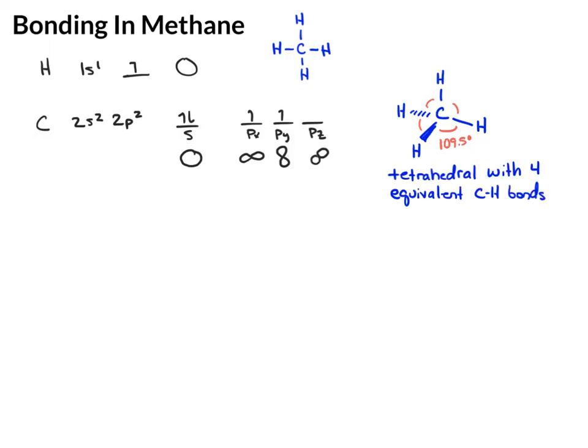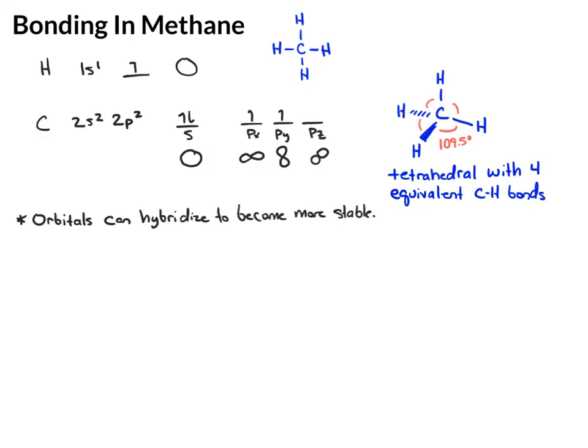So then that leaves the question, how do we get 4 equivalent bonds out of these 3 orbitals and this filled orbital? So what happens is these orbitals will undergo hybridization to become more stable.